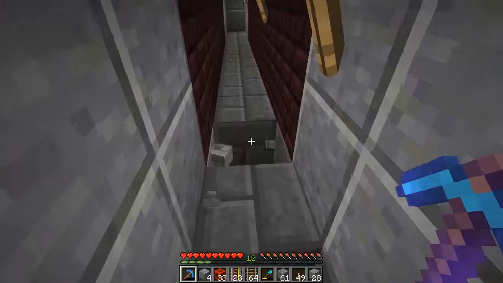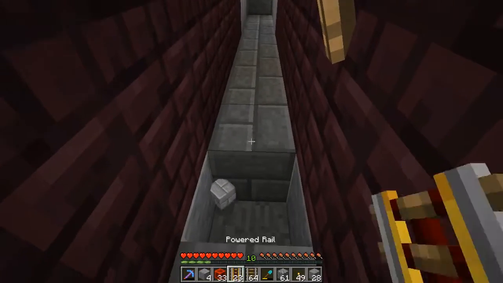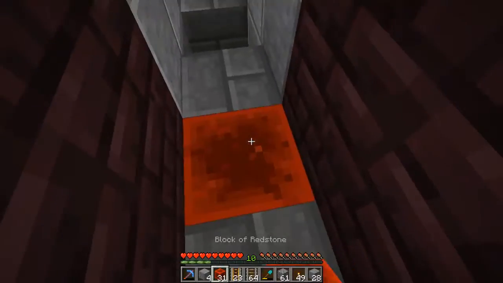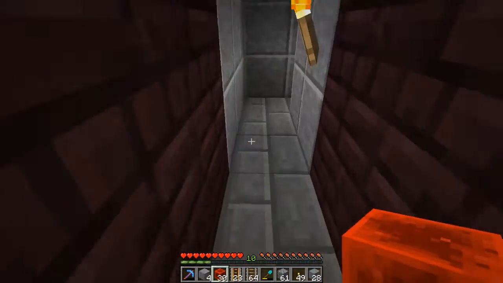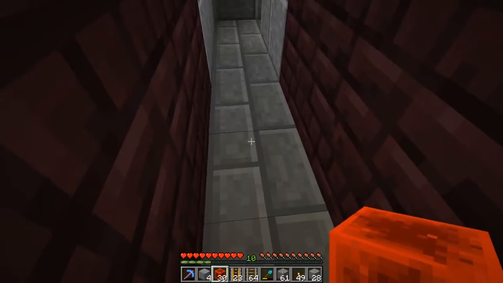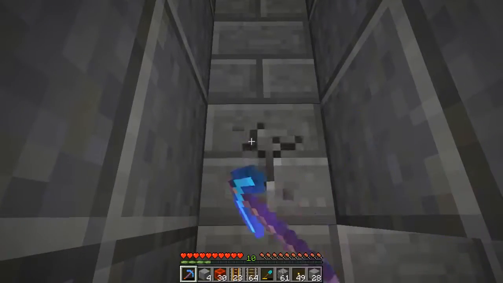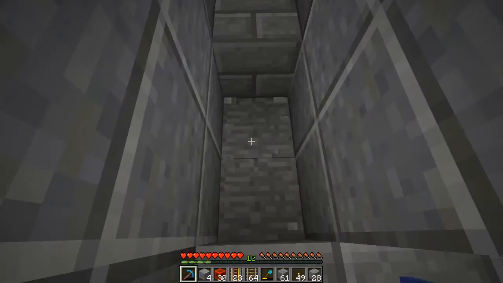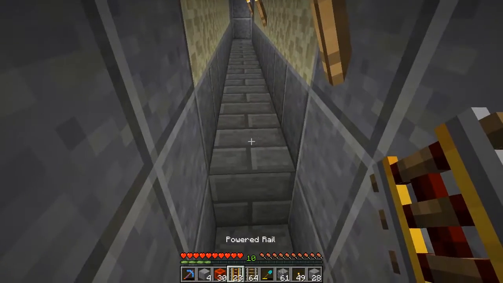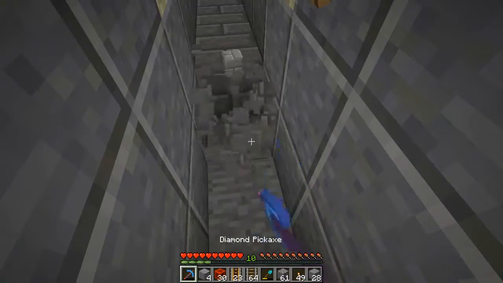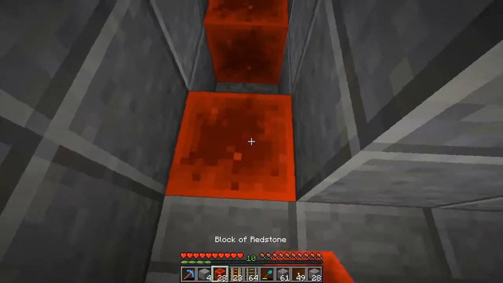So what I'm going to do is replace some of these stone bricks with redstone blocks. And naturally, I'm going to be placing some powered rails over them. And with power rails and the redstone, that means we'll just be able to zip along here.